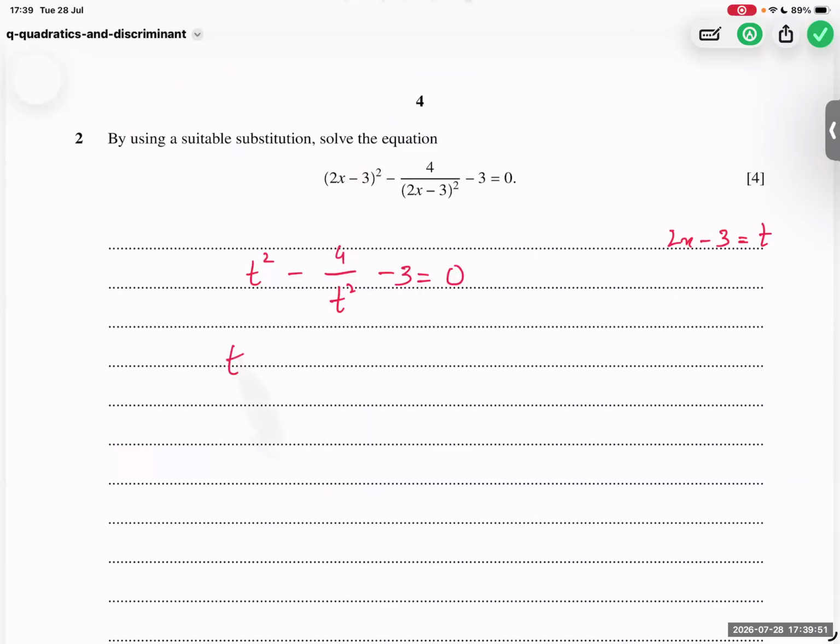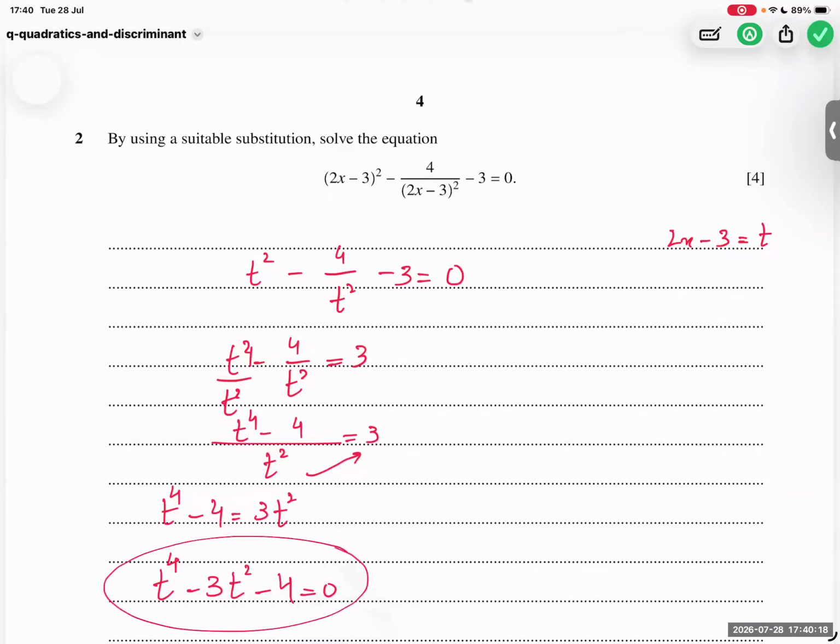Okay. t square minus 4 by t square is equal to 3. t square, that would be 4, right? So that would be t to the power 4 minus 4 is equal to 3. Cross multiplied, so it is t to the power 4 minus 4 is equal to 3t square, making it t to the power 4 minus 3t square minus 4 is equal to 0.